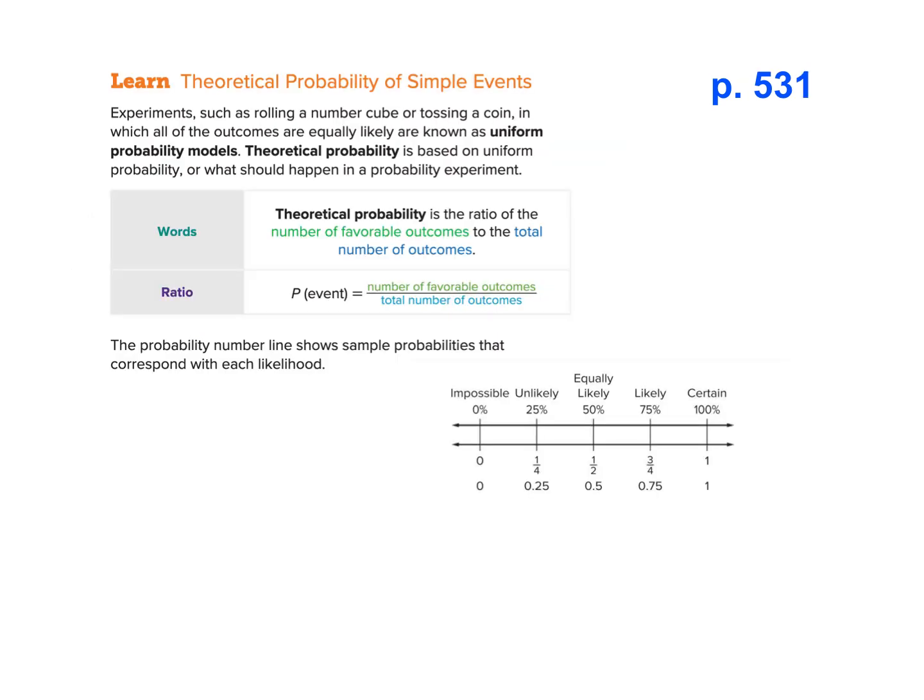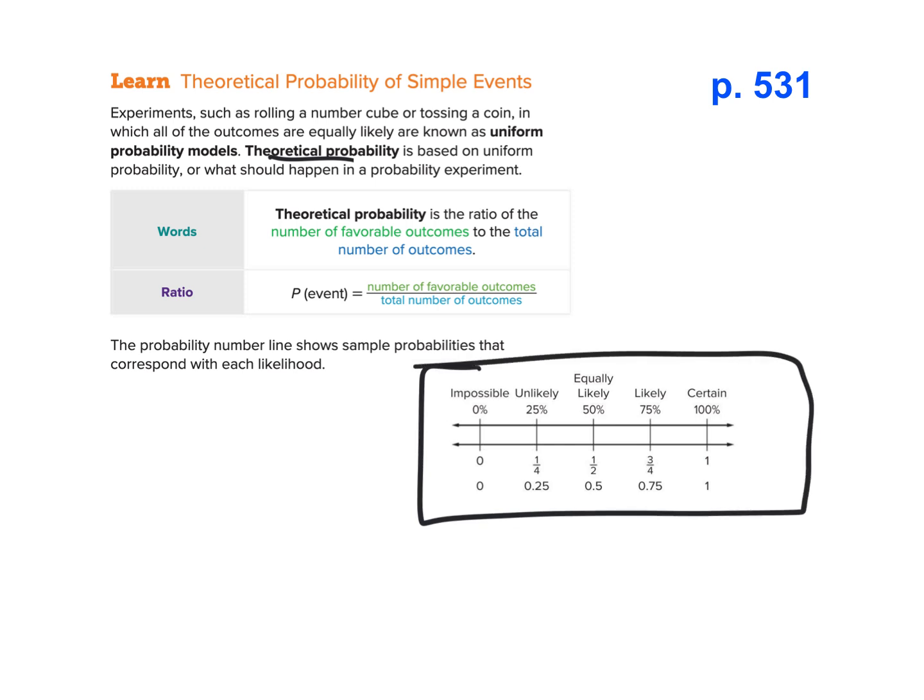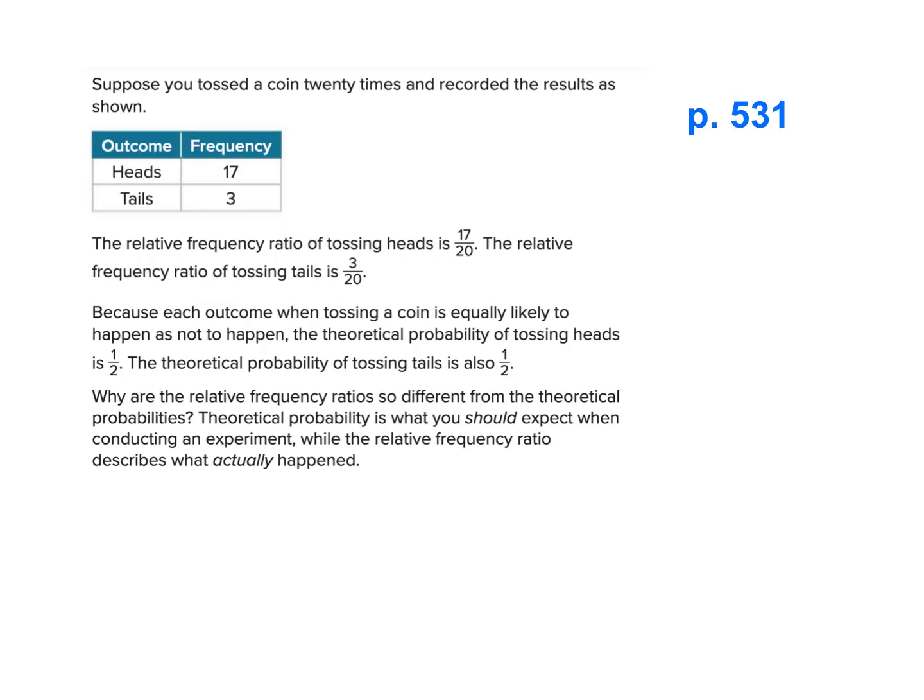All right, if we go to page 531, again, I've already talked about theoretical probability. It's what should happen, and we already have this in our notebook, so we should be good with that as well. It says, suppose you tossed a coin 20 times and recorded the results as shown. You got 3 tails and 17 heads. So the experimental or relative frequency of getting heads is 17 out of 20 times, because I did it 20 total times.